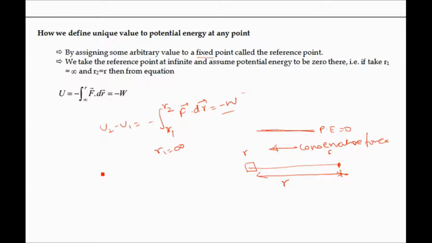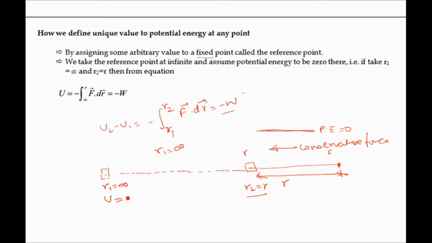So what you will do is define it in such a way that the object is moving from infinity, and it has to be moved up to this point, which is at distance r from the center of force. So basically our first point is r1 equal to infinity, and r2 is equal to r.